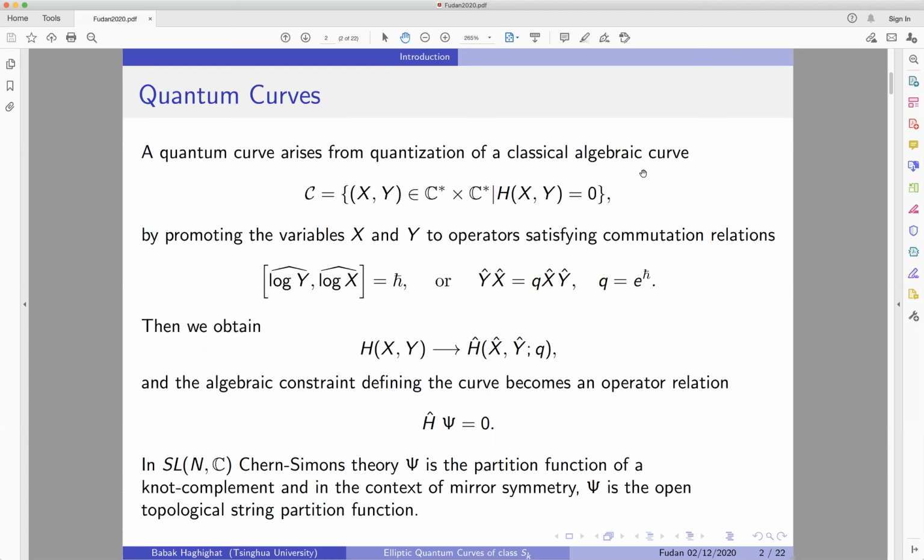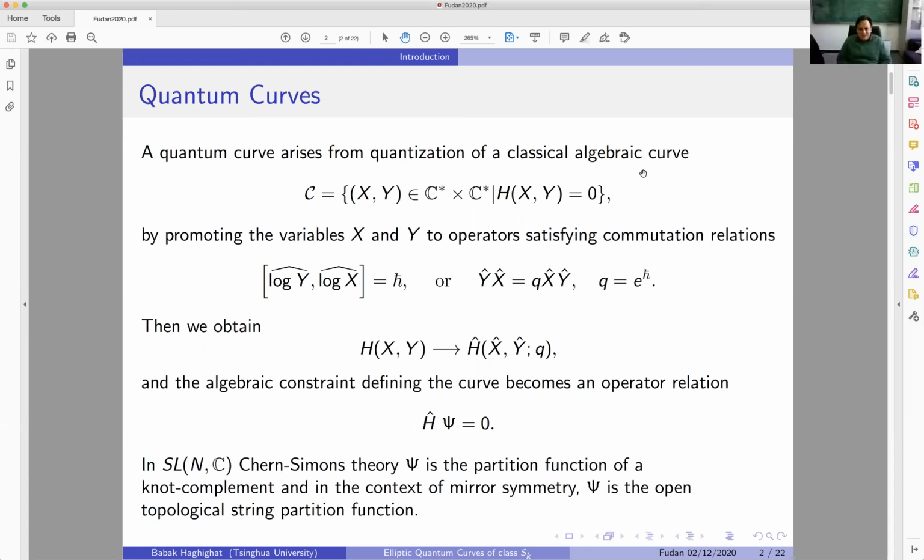But the exponential is valued in C itself. There are different ways to think about this, but if we use these exponentiated variables, the curve is a hypersurface in C star times C star.